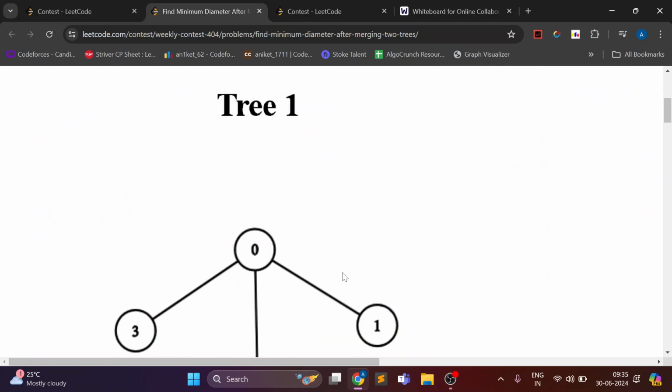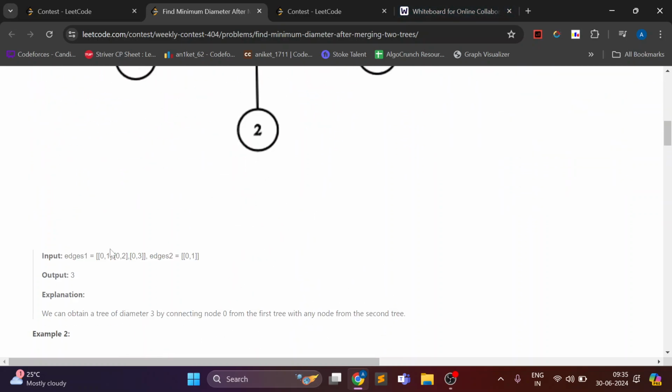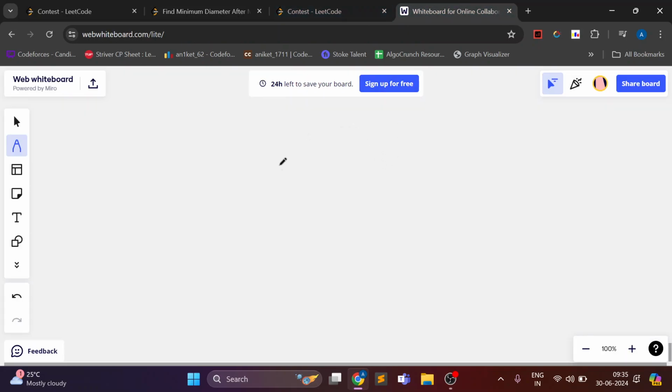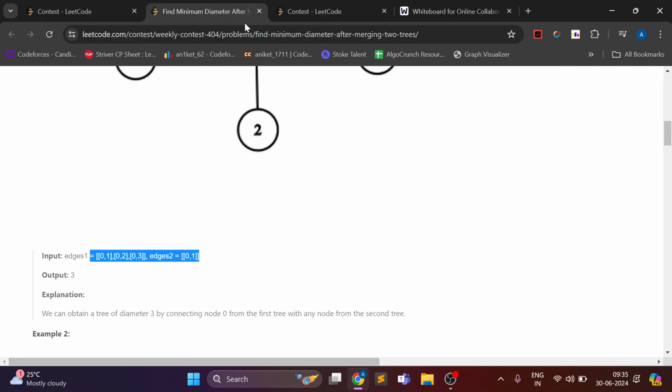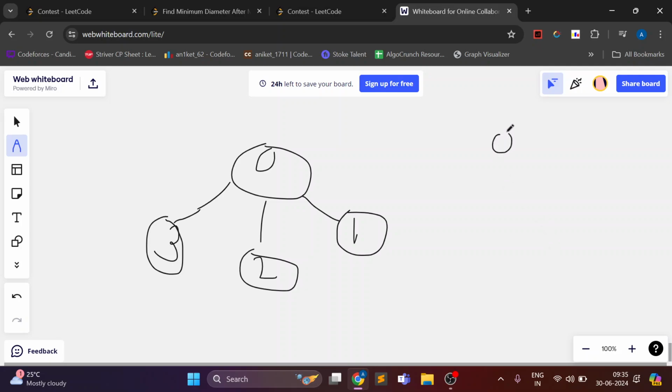So let's say in the first example, the tree is like this. And the second tree is just this. Now I have to connect any node from the first tree to any node of the second tree, such that the minimum diameter is there.